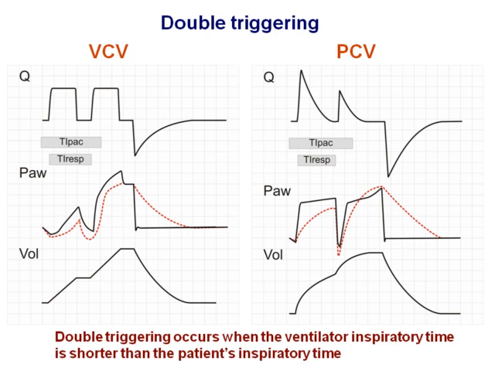But the mechanism is the same. Double triggering occurs when the inspiratory time in the ventilator is shorter than the patient's inspiratory time. So maybe the patient is doing a sigh. We do sighs all the time. Now I'm giving a talk, and probably I'm doing a sigh every 5 breaths, and the patient is doing the same, and maybe this is the cause of the double trigger. We don't know yet.